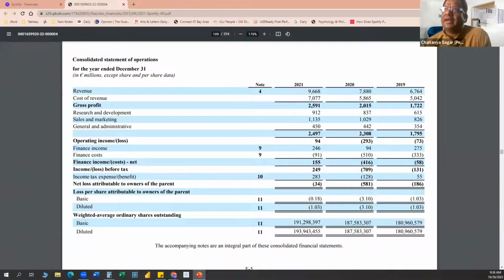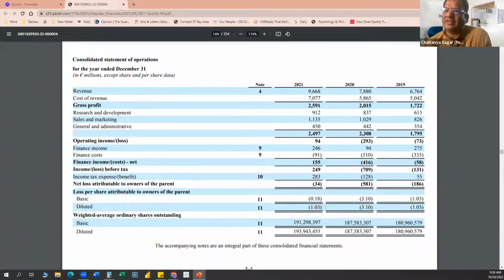Please note that this is a product company, although it is a streaming company. So you can say product, but it's web-based, and the dynamics of this business versus, let's say, something like Microsoft are very different. Microsoft, for example, will have 89% or 90% gross profit, right?